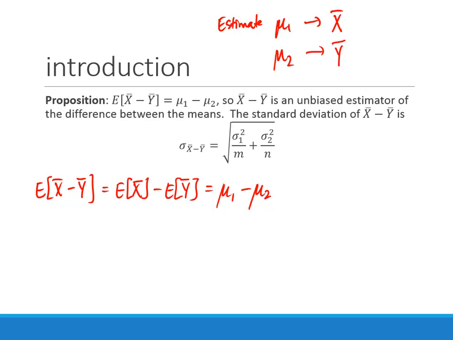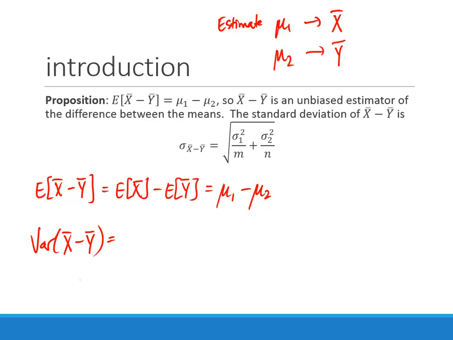But then we also want to say what the standard deviation of our estimate here is. So let's look at the variance of x bar minus y bar. Okay, and remember that my samples are independent. I have an independent sample of my x's and an independent sample of my y's. So what that means is that x bar and y bar are independent because the samples are independent.